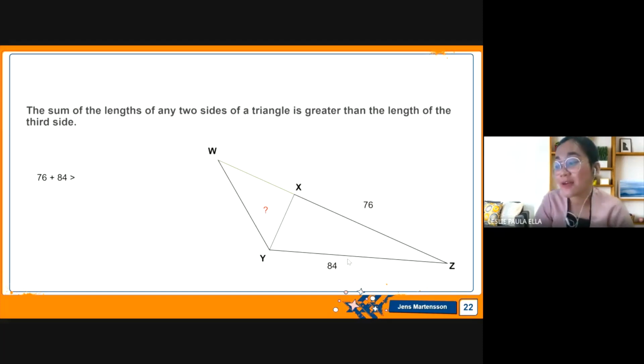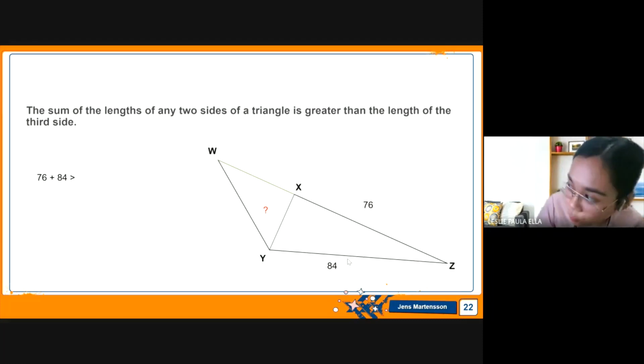So it is possible that the value of line XY is 265. How about 90? Let's say that 90 is added to 84 and the answer is 174. 174 is greater than 76. That is correct.